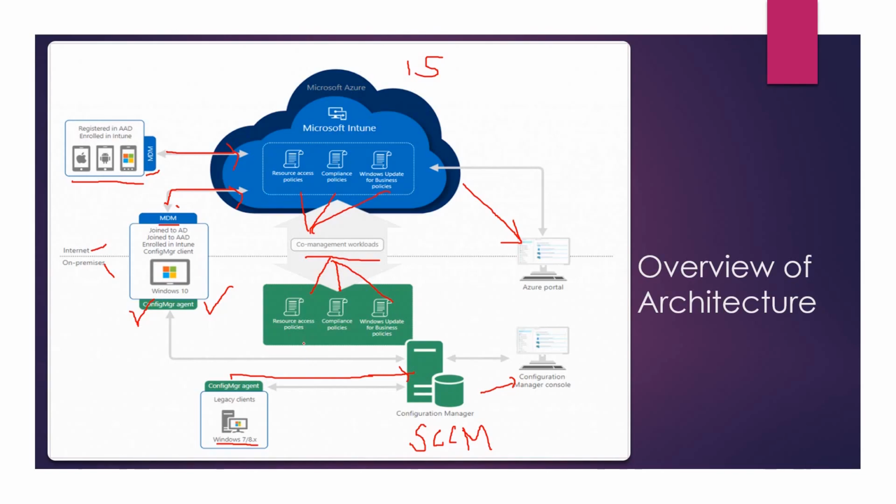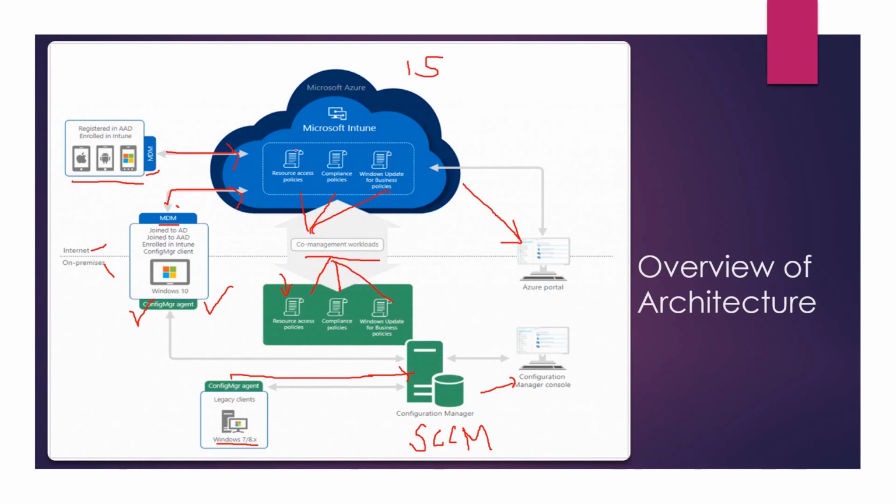So let's just talk about the first workload, which is resource access policy. If we set the workload to SCCM, then it would mean that the resource access policies and everything that comes under resource access policies will be coming from SCCM onto the device.